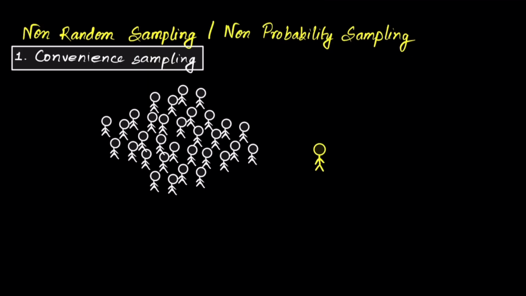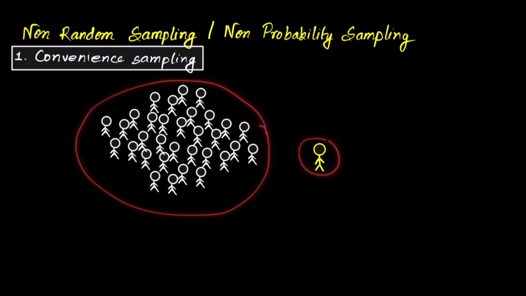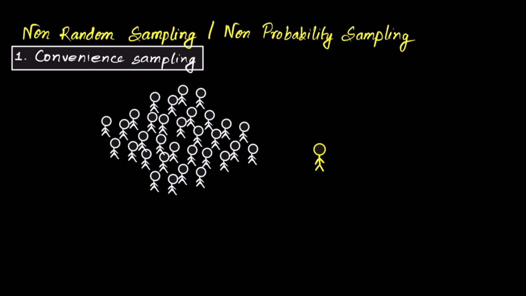Okay. So first we are going to look at the various types of non-random sampling or non-probability sampling. Let's say this is the population to be studied by the surveyor. The best method of surveying this population would be to choose individuals or representatives at random and then use these representatives for study.